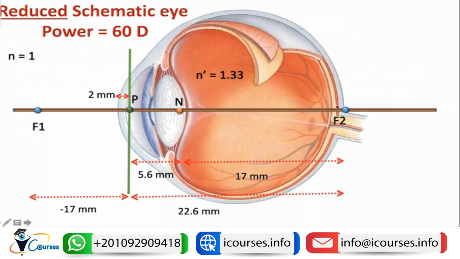Then we have F2. F2 is located 22.6 millimeters from the principal point, and if we want to calculate it from the anterior corneal surface, we need again to add the 2 millimeters. So F2 will be 24.6 millimeters from the anterior corneal surface, which is the same as in the Goldstrand schematic eye.